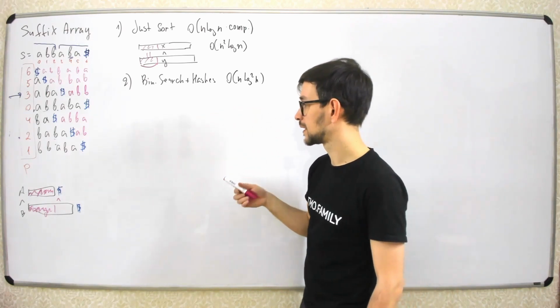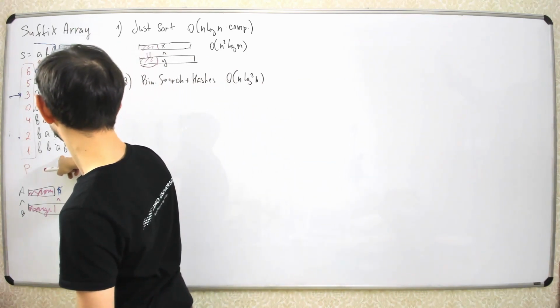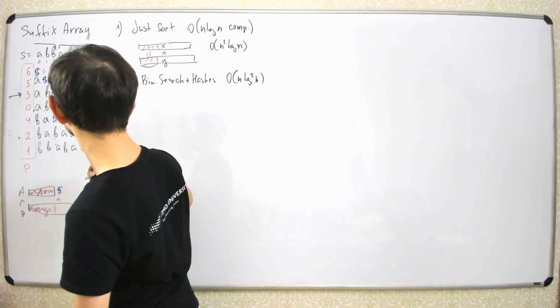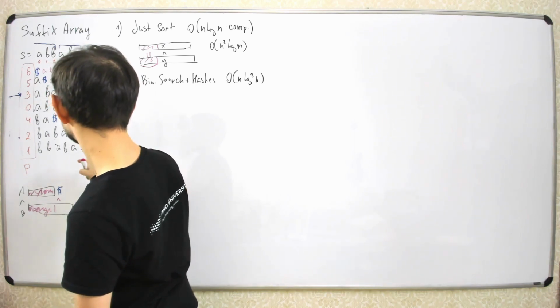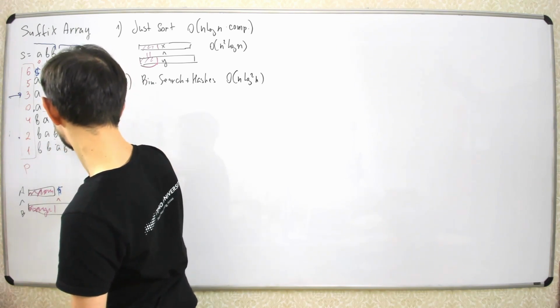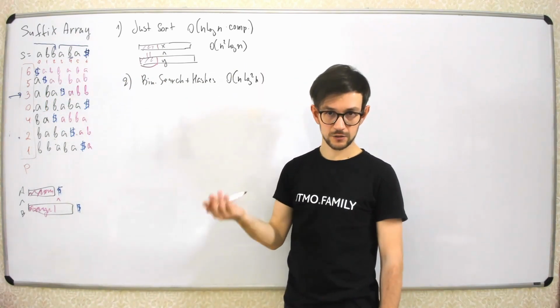Again, it's not good. I forgot something. So it must be here, right? Maybe like this. Yeah. So the length of all strings is 7.